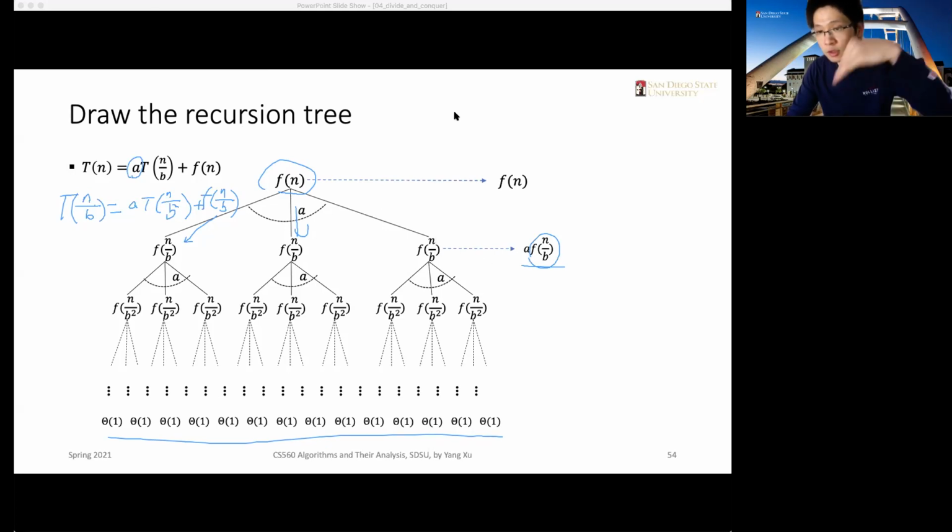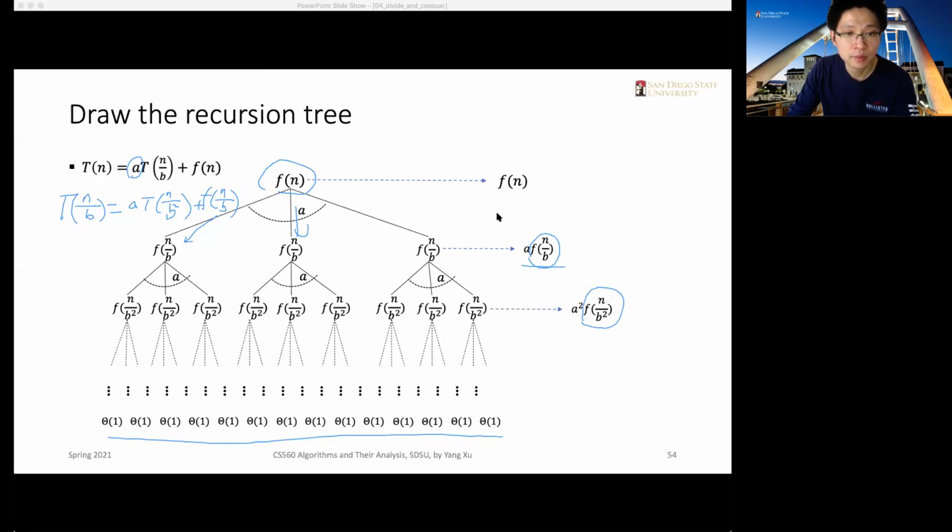One more level down, level 2, we will have a squared times f of n over b squared.